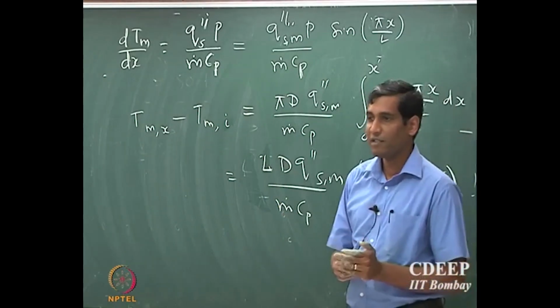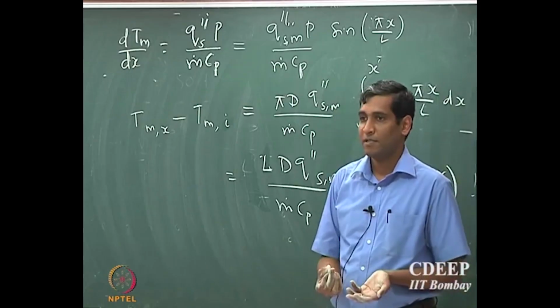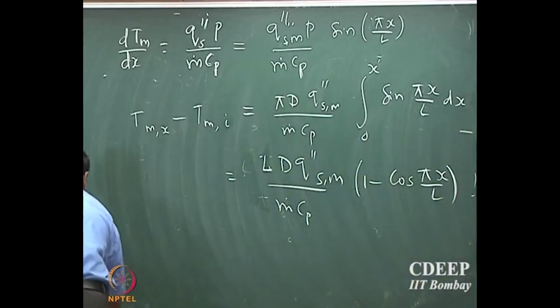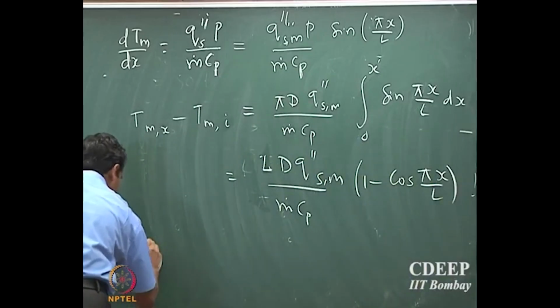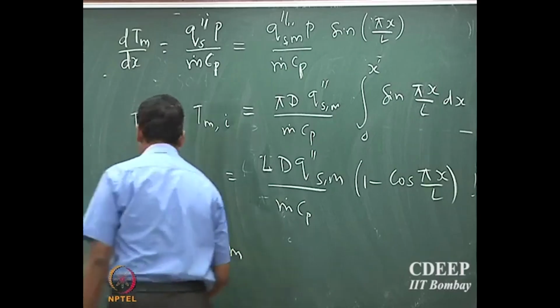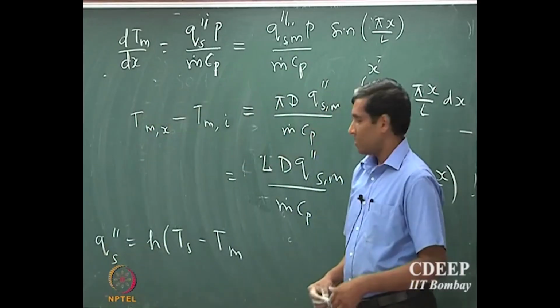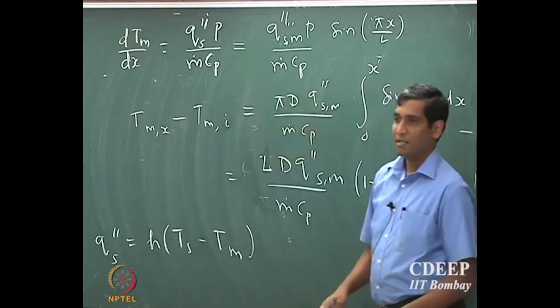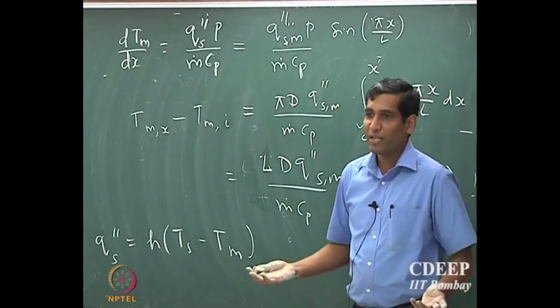How do we find the surface temperature? Easy again. So, we know that Qs prime is h into Ts minus Tm, right. So, you just plug in the expression for Tm(x) here, we will be able to find it. So, it is very easy. Okay.